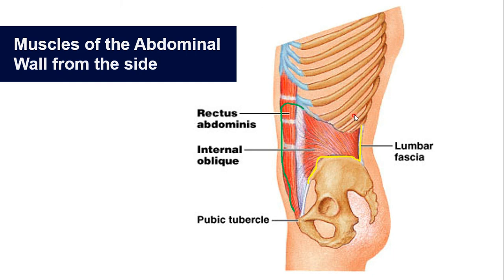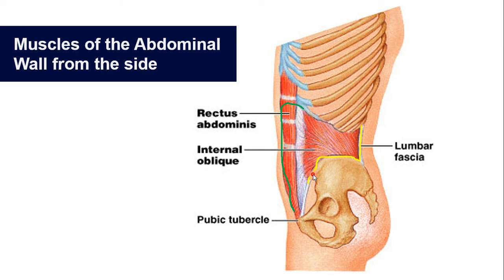They originate at the lumbar fascia at the back here, the iliac crest here, and the lateral two-thirds of the inguinal ligament. So this is the inguinal ligament. The internal oblique muscle also originates from that structure, but only at the lateral two-thirds.